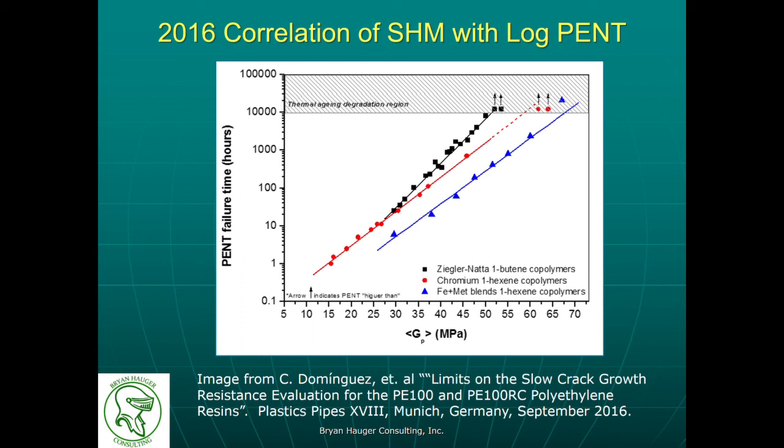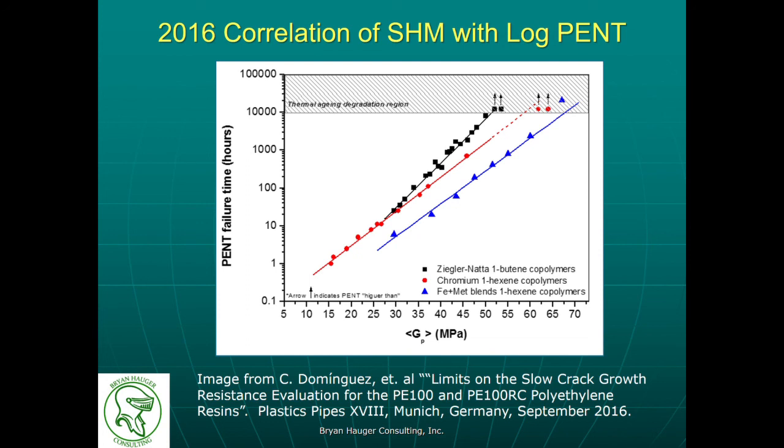And while this plot may raise as many questions as it answers, it does show a true ISO 18488 result in the x-axis. And, as usual, it shows good linear correlation over several decades of PENT performance, spanning up to 10,000 hours of PENT and potentially beyond.